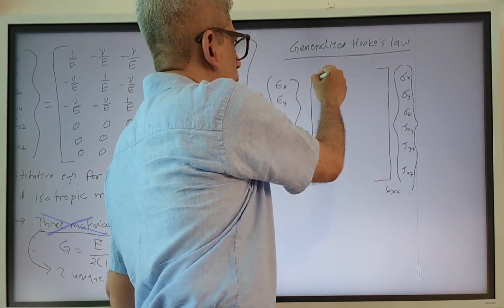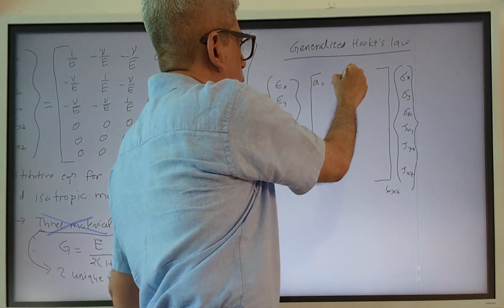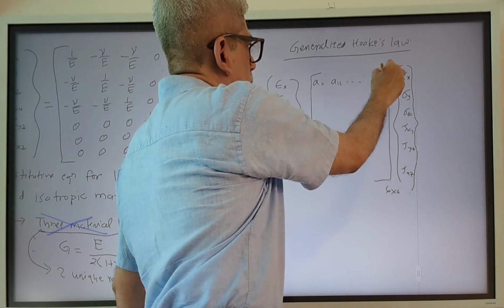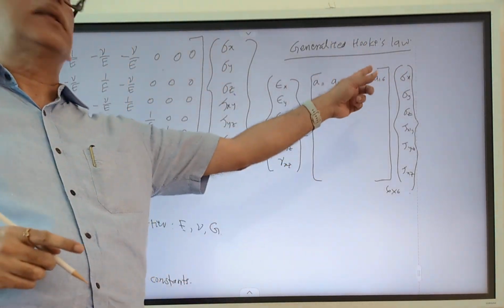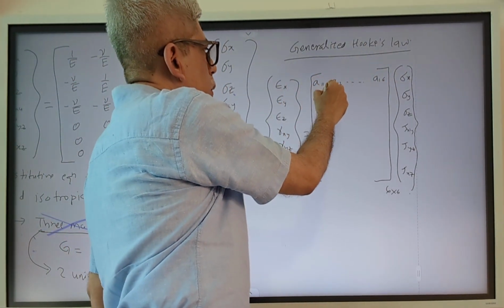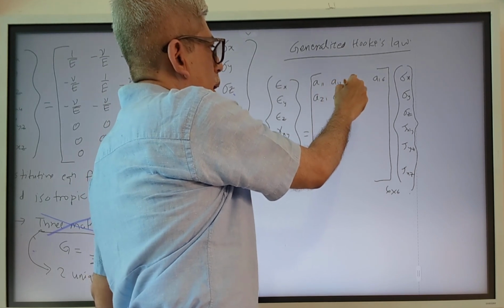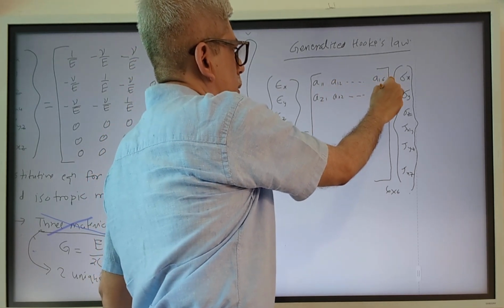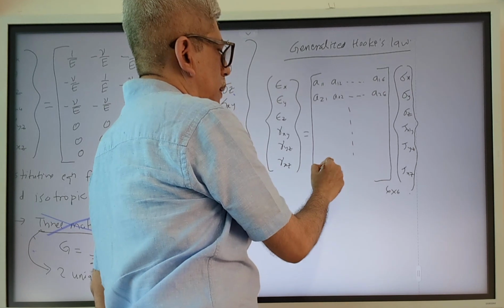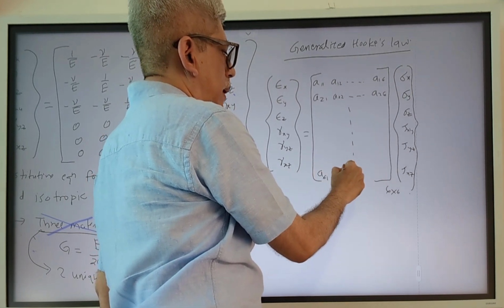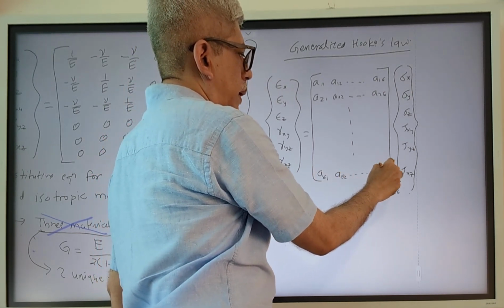So we can call this A11, A12, up to A16. Then A21, second row, up to A26, and A61, A62, up to A66.